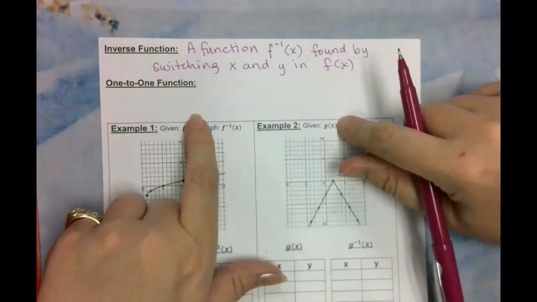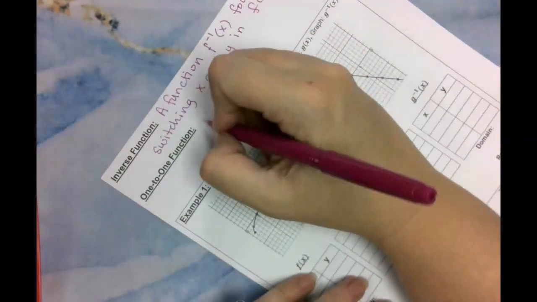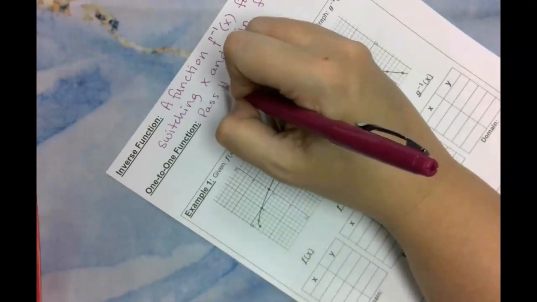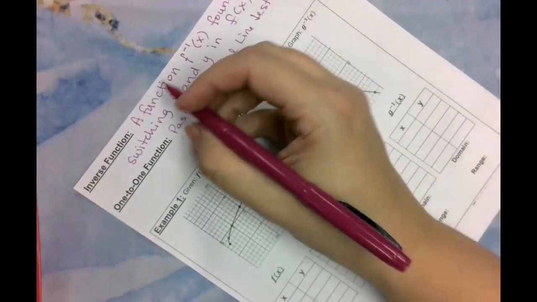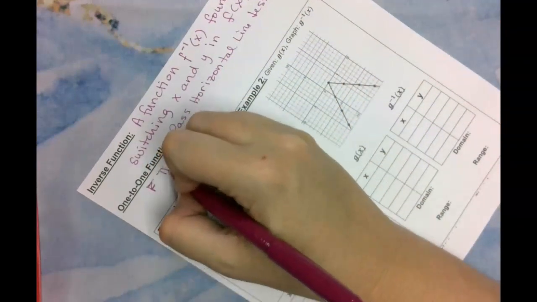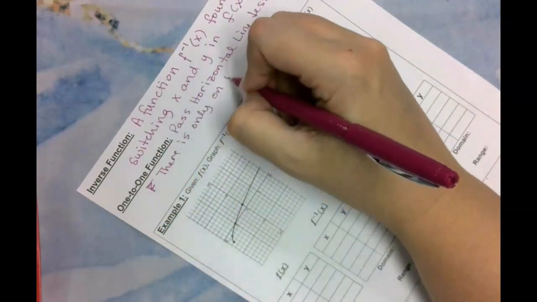Now, we've already talked about one-to-one before. A one-to-one passes the horizontal line test. There is only one y for every x.